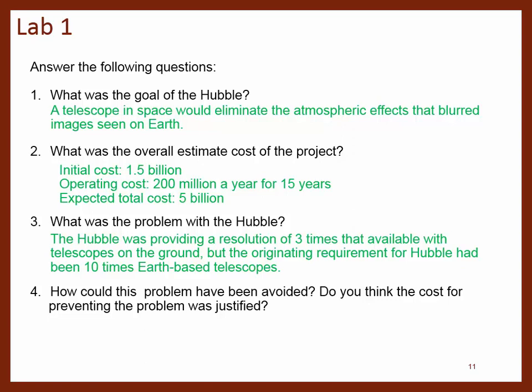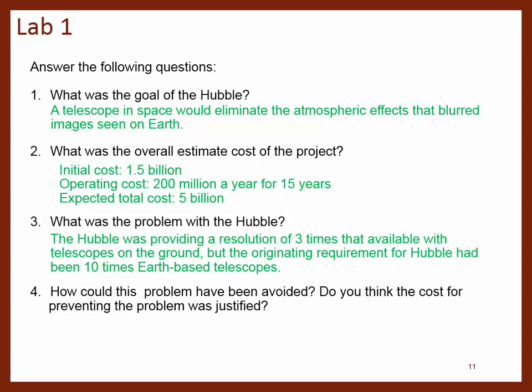So how could this problem be avoided? I want to hear some answers here. They could have tested them. Yes. And why didn't they do it? Well, they were able to test the mirrors before the system went to space, right?